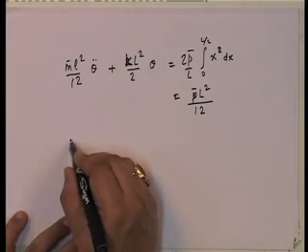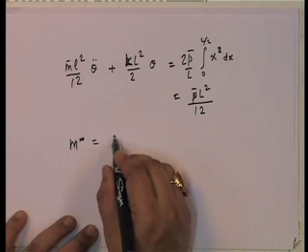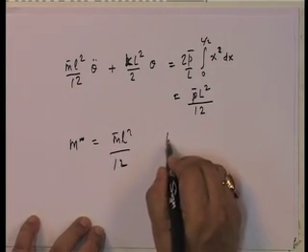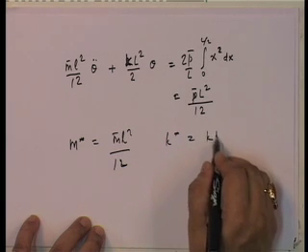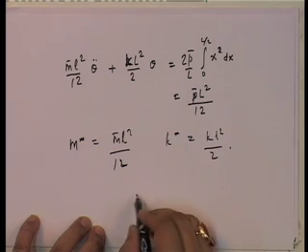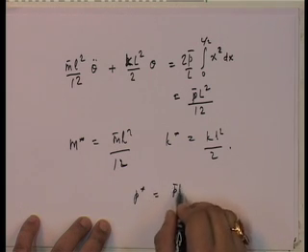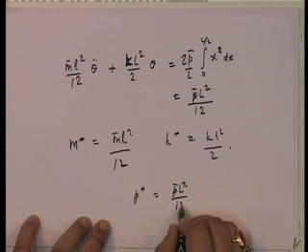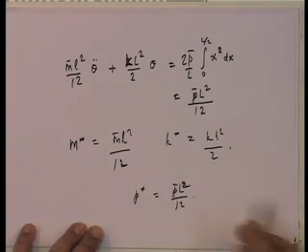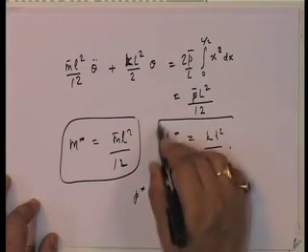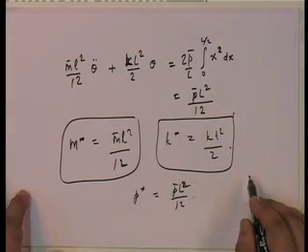So, what I have is my m star is equal to m bar L squared by 12, k star is equal to k L squared by 2, and p star becomes equal to p bar L squared by 12. So, this is my solution.